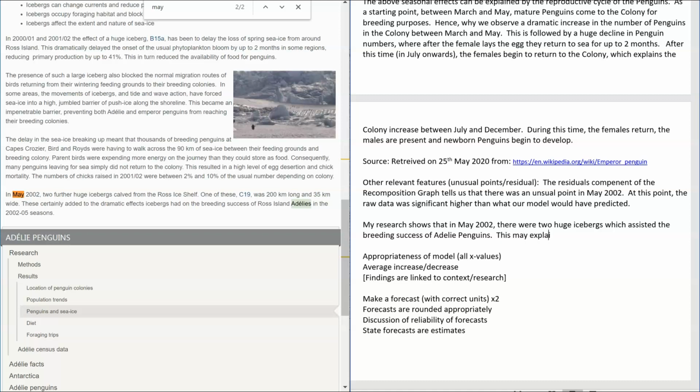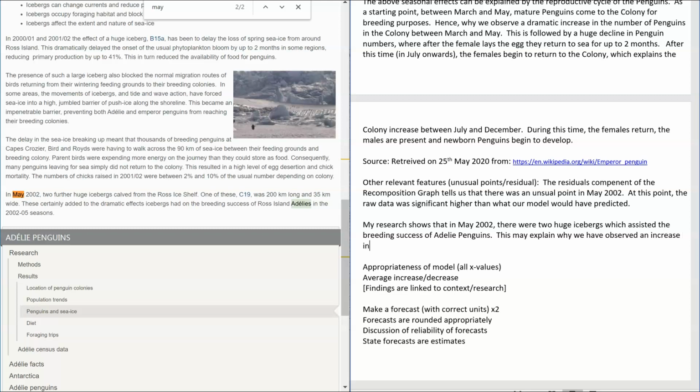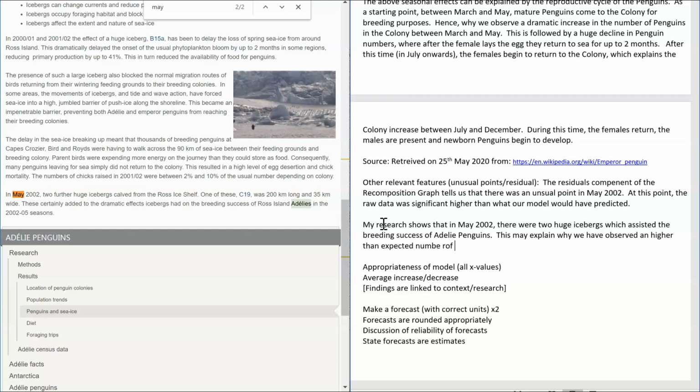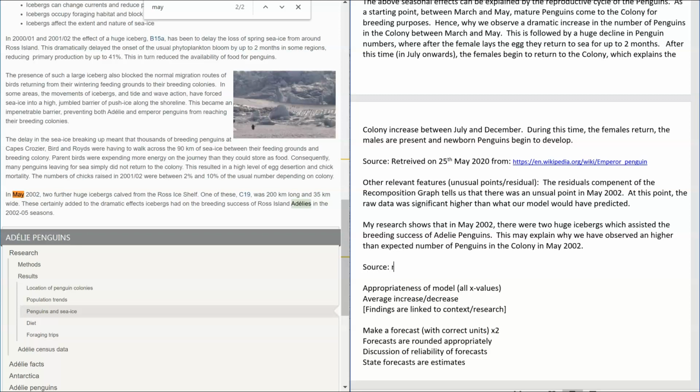This may explain why we have observed an increase, or a higher than expected number of penguins in the colony in May 2002. So our source, retrieved on 25th of May 2020 from, and we'll be able to copy and paste that.